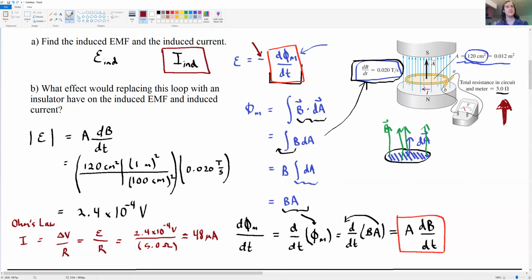So if the resistance changes, then I suspect that's going to have something to do with Ohm's law, right? The resistance changes. So what's going to be affected here? Is the current going to be affected? If we make R really big, doesn't that make the current really small?